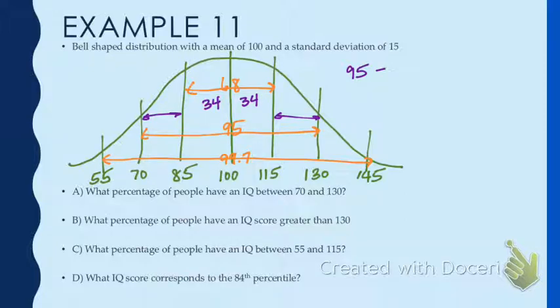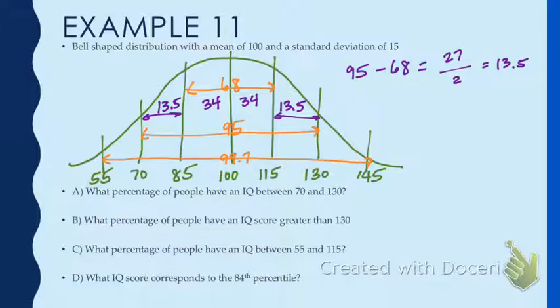I could do 95 minus 68, and then divide that by 2. That's 27, and then divide that by 2, it's 13.5. So 13.5 here, 13.5 here.